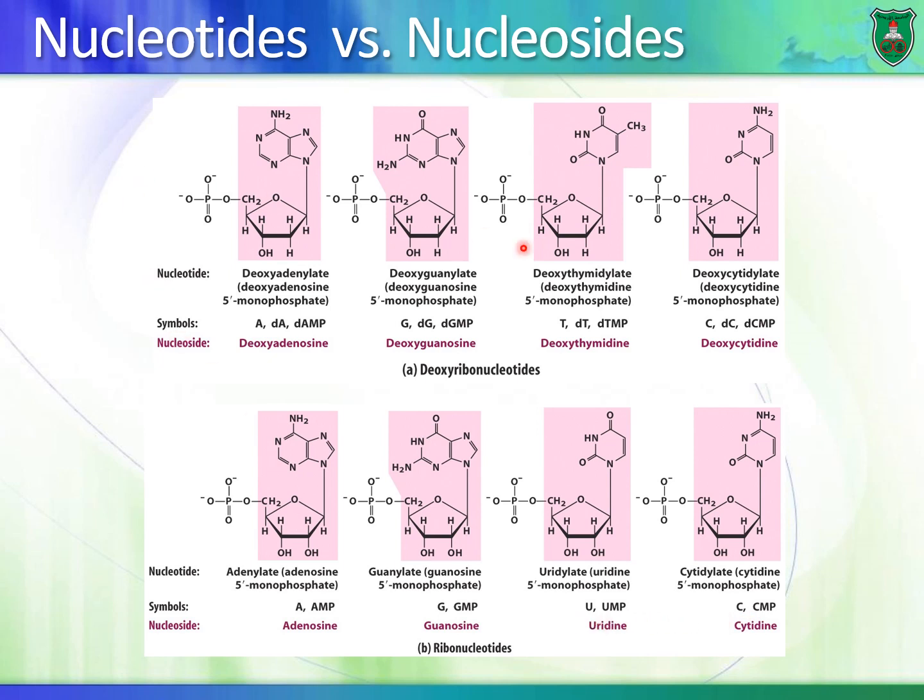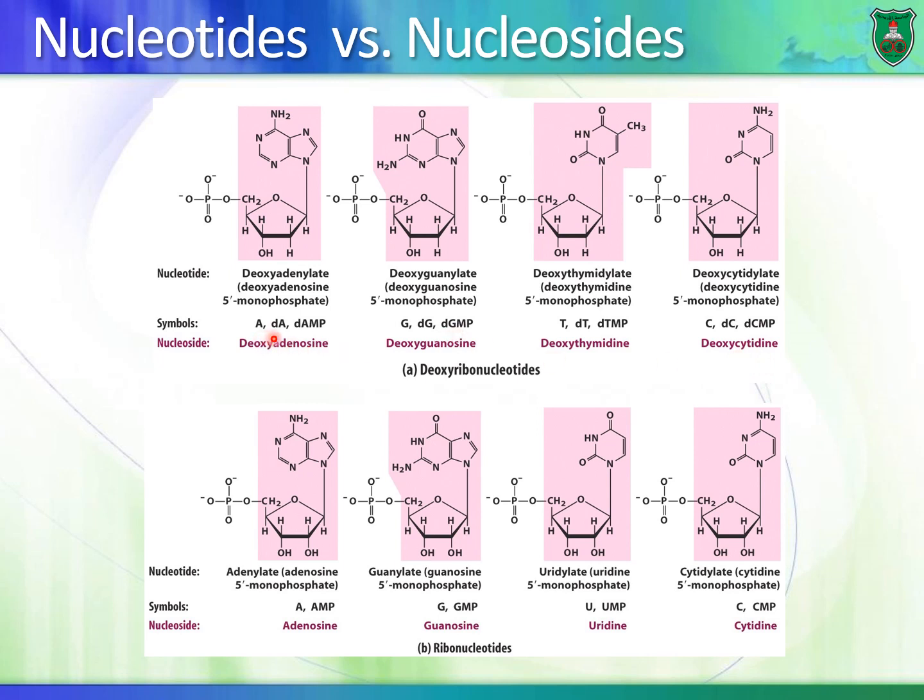So these are the nucleotides that make up DNA. So you have deoxyadenosine monophosphate, deoxyguanosine monophosphate, deoxythymidine monophosphate or deoxythymidylate, and you have deoxycytidine monophosphate or deoxycytidylate. Again, note the abbreviations.